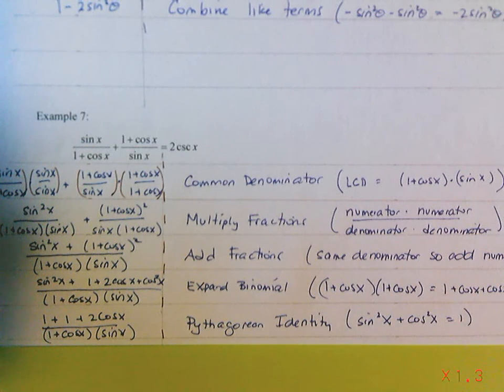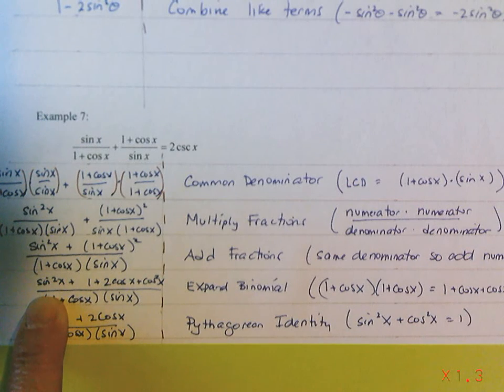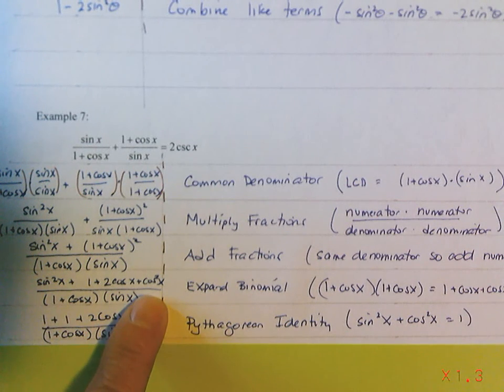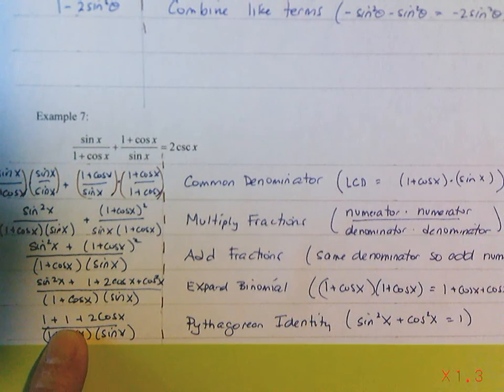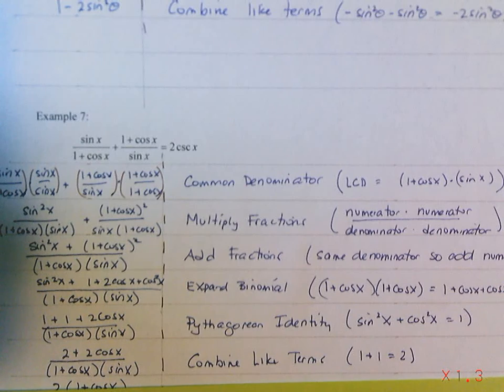Then I can use the Pythagorean identity. I'm going to replace sine squared x plus cosine squared x with 1. So that's where I get this one. Then I have the other one, plus 2 cosine x. And notice I'm writing my denominator each time, but I'm not multiplying it. I add the 1 and the 1 together to get 2, so I have 2 plus 2 cosine x.